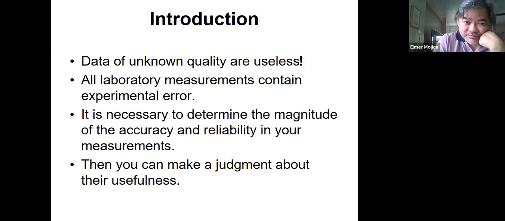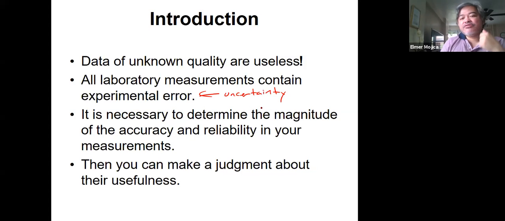Because if you're just doing an experiment and you get data with no purpose or objective on when to use it, we could say it's useless. Okay, so there is no way to get or measure the true value of everything that you measure. So all experimental measurements contain experimental error, and this is where this term comes in.